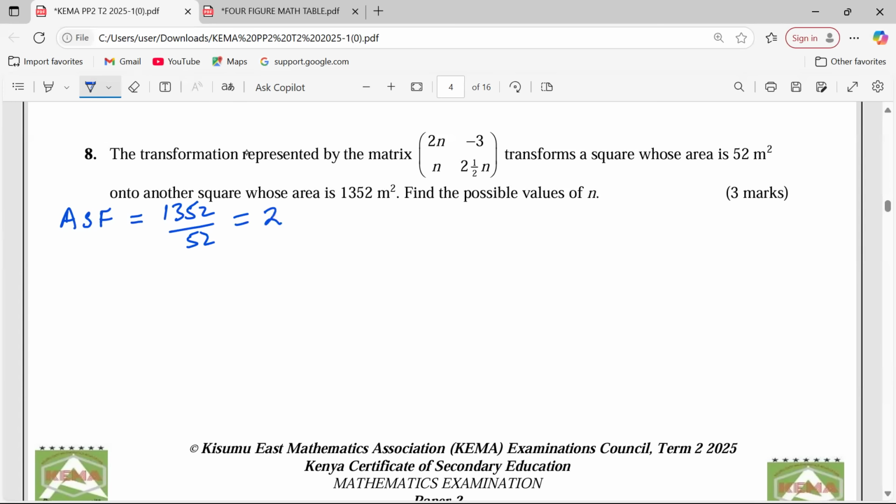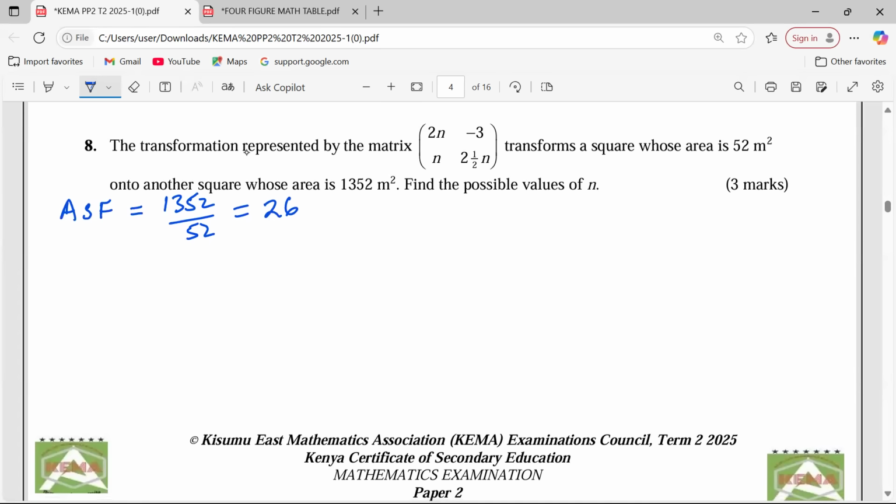So we have an area scale factor of 26 in this transformation. Something else that you're supposed to know is that during a transformation by a matrix, the area scale factor is usually equal to the absolute value of the determinant of the matrix.